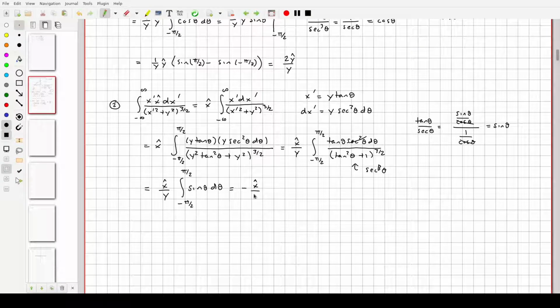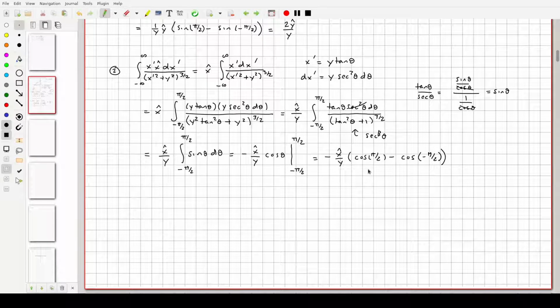You have an x hat over y, and then you have a cosine of theta that you have to evaluate from minus pi over 2 to pi over 2. So when you do that, it looks like this. Now look, cosine of pi over 2 is 0. Cosine of minus pi over 2 is 0, which means that integral is 0.